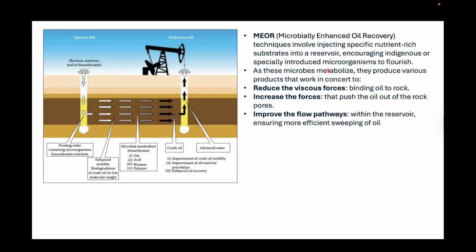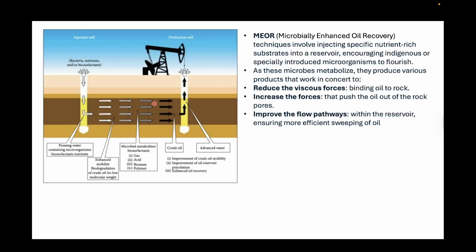These microbes metabolize, and they produce various products that work in concert to reduce the viscous forces binding the oil to the rock, increase the forces that push the oil out of the rock pores, and improve the flow pathways within the reservoir, ensuring more efficient sweeping of the oil.